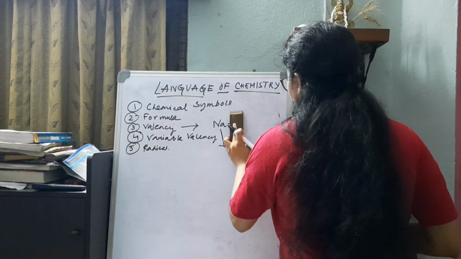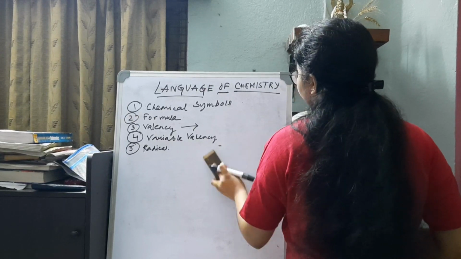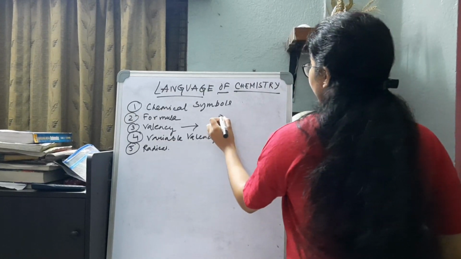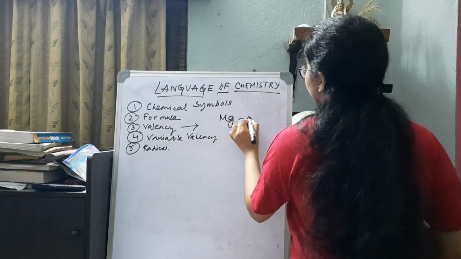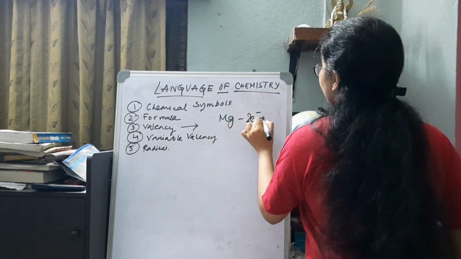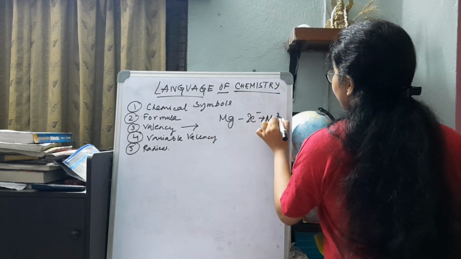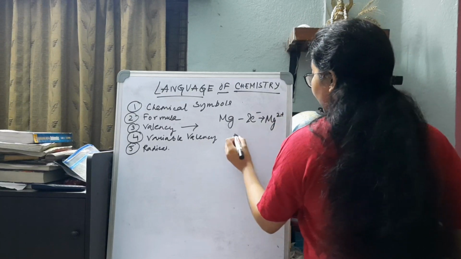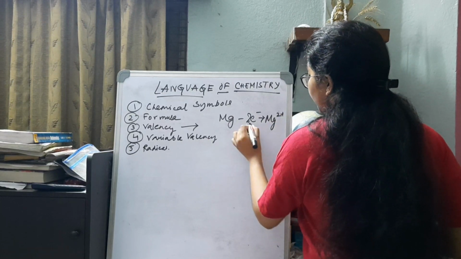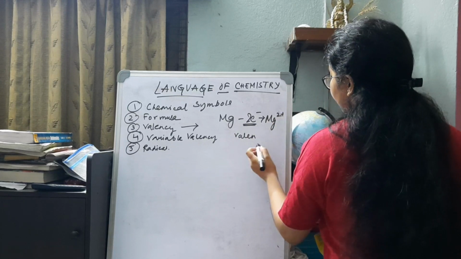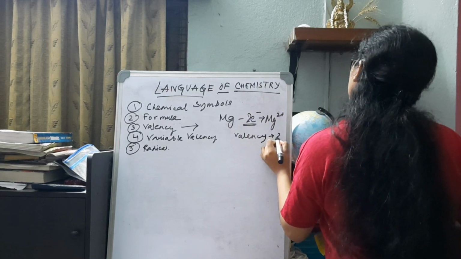Now moving forward, if we take the example of magnesium, Mg minus 2 electrons forms Mg2+. Because it loses 2 electrons to form its ion, the valency of Mg is 2.